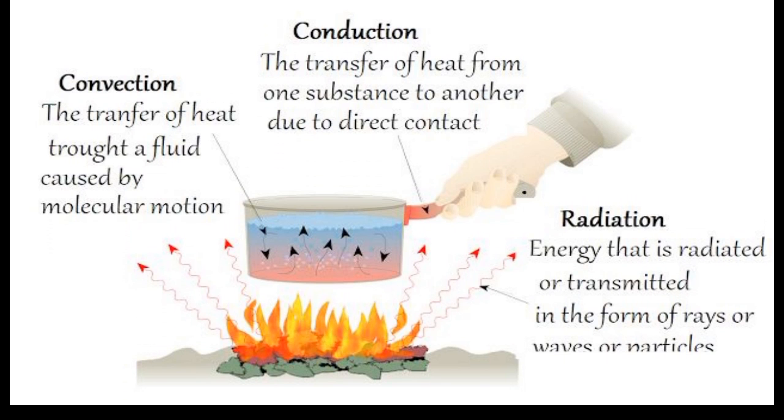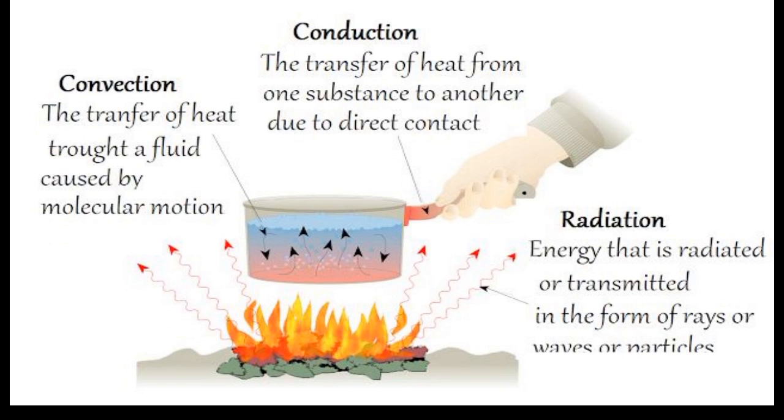Now how does heat transfer? There are three ways by which heat transfers. Here you can see convection, conduction and radiation. Convection happens in fluids. Fluids means liquids and gases. Like water is a liquid, it is a fluid. Air is a gas, a composition of various gases.